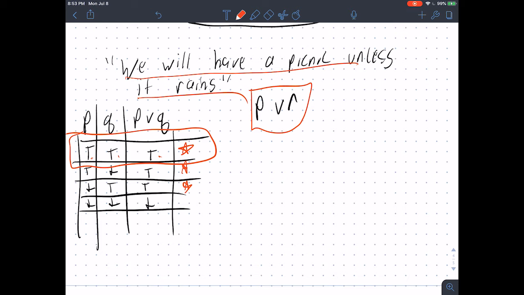And that seems to be exactly what we're not saying when we say something like, we will have a picnic unless it rains. Right? What we're saying is, well, it's either going to rain or we're going to have a picnic, but both those things can't happen at the same time. So for the purposes of this class, if you ever see an unless, I probably just won't give any to you if they're supposed to be translated like this. You might want to think to yourself, is that really what the sentence is saying? Is it really an alternation?